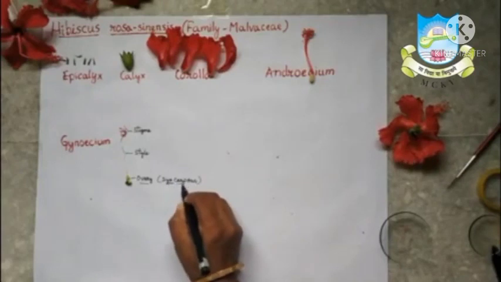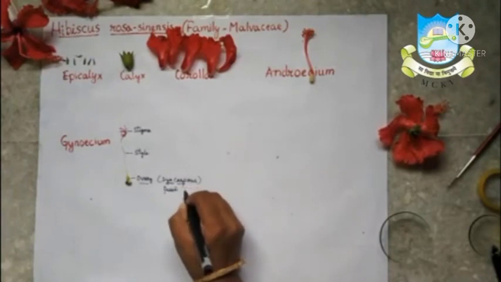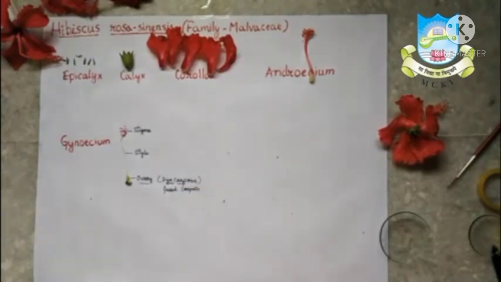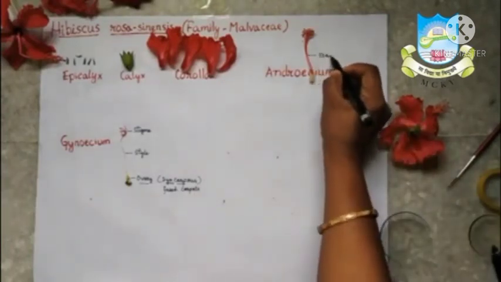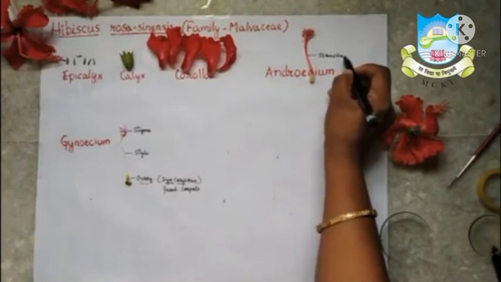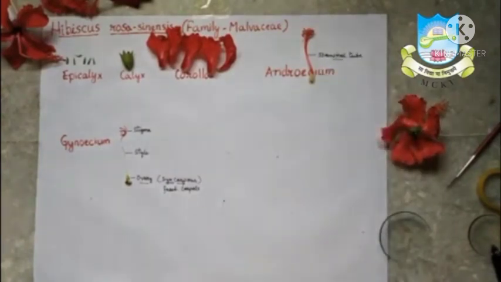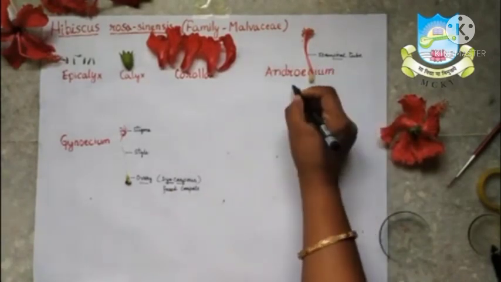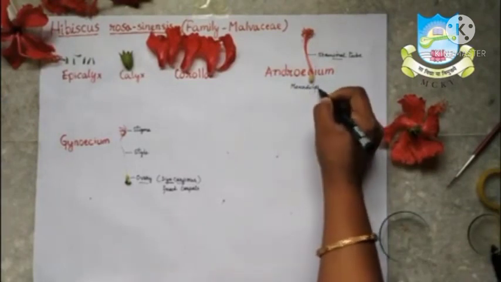Syncarpous basically means the carpels are fused carpels. And in this case, hibiscus, there are 5 carpels which are fused. This is the staminal tube. And such an arrangement where all the stamens are fused to form one bunch is known as monadelphous condition.